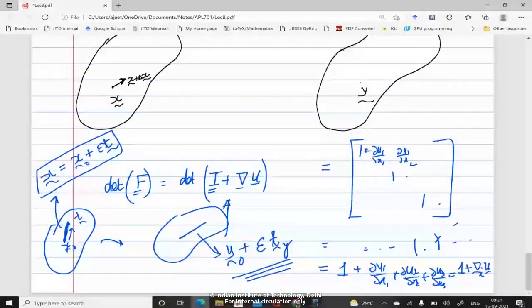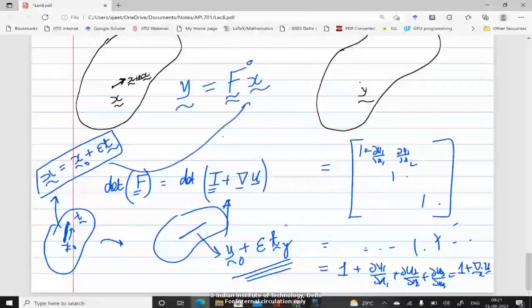Right, exactly. So this is also not difficult. For example, in the case of homogeneous deformation, this F is constant, so therefore y is equal to F times x, for a constant F. Let us say I make it F naught. Now put your x equal to this here.